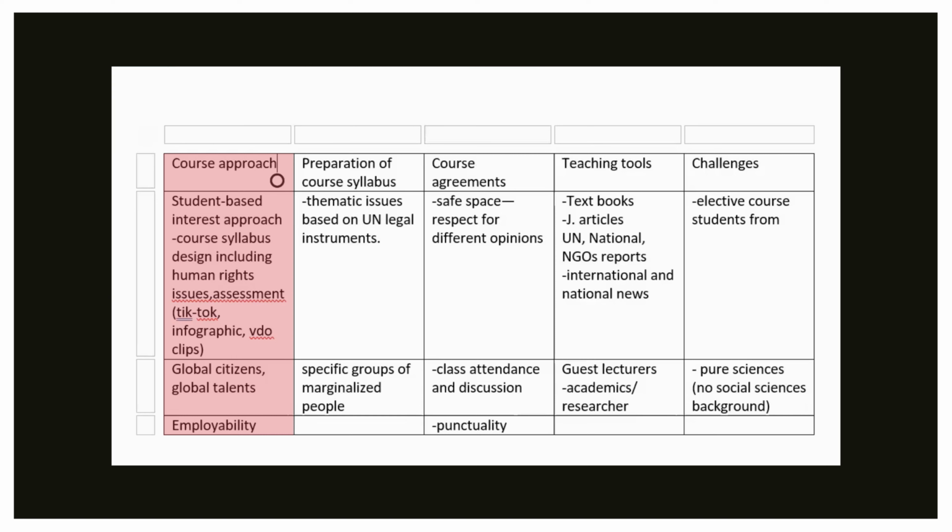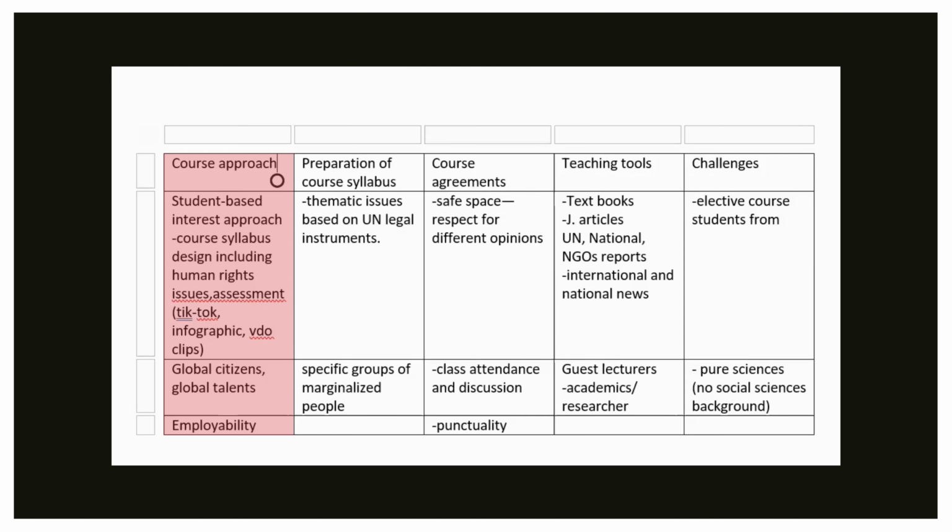So I ask them what kind of assessments they want me to use. And they say they prefer something like TikTok, if they want to present something, or infographics or video clips to share the knowledge and what they've learned from this course.